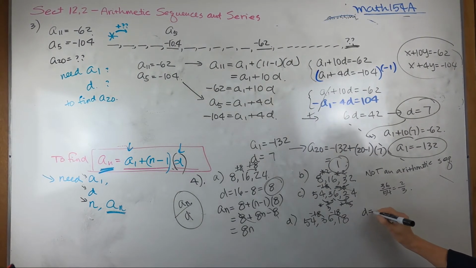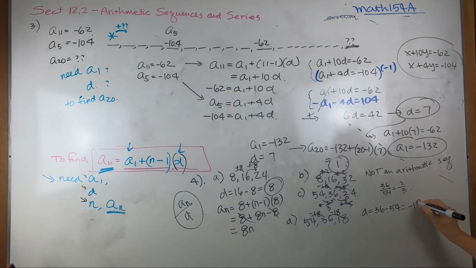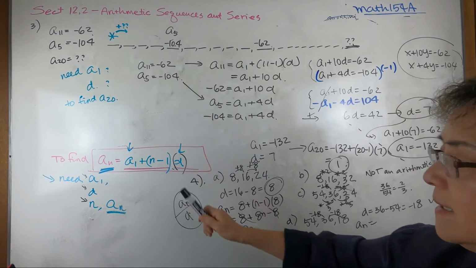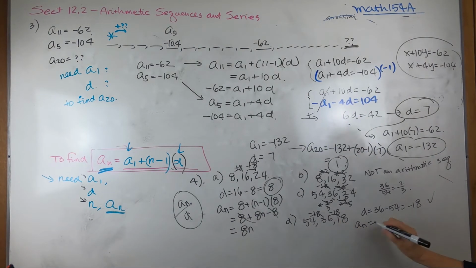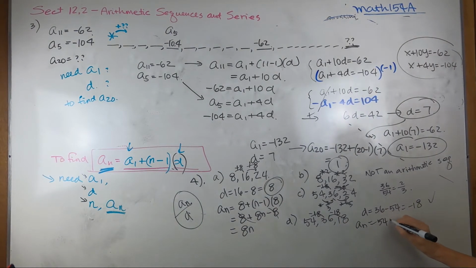So our D would be what? 36 minus 54, it's minus 18, yes. Then the general term will be this one, right? A1 is 54, plus general term, N minus 1 times D, which is negative 18.